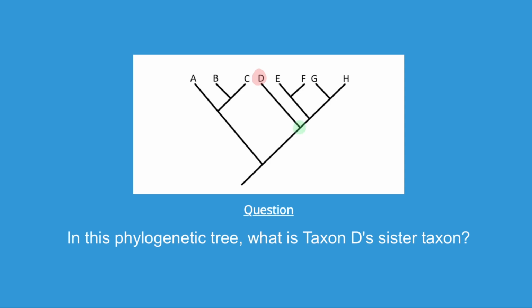So here is going to be a recent common ancestor, and that means that all these taxa, which is E, F, G, and H, are going to be sister taxa of taxon D. And all of them are going to be equally related to taxon D, and the distance from taxon D to each of these taxa is going to be the same. We also can say that this whole clade with all taxa is going to be the sister group of taxon D.